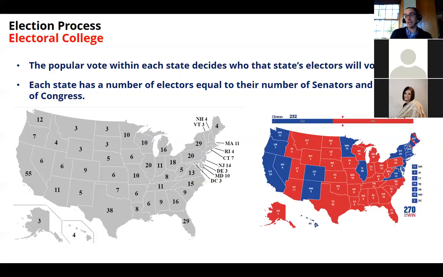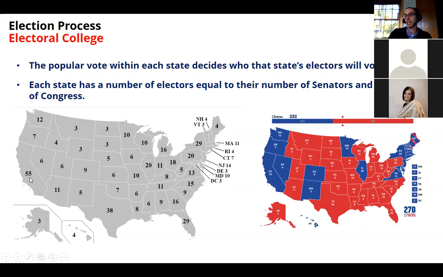Now, Pennsylvania, we live in a pretty populous state. Pennsylvania has a lot of people in it, mainly because of our 2 big cities, Pittsburgh and Philadelphia. But if you look at the numbers, Pennsylvania is tied for 5th for biggest electoral college state.